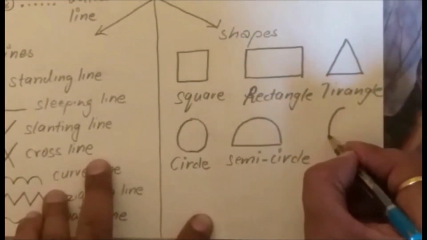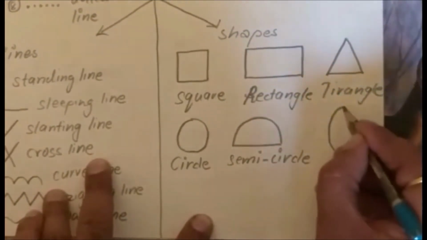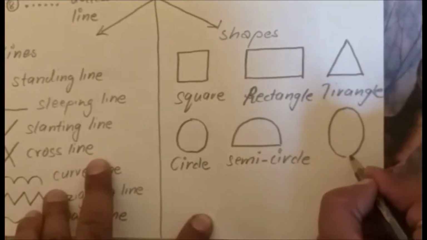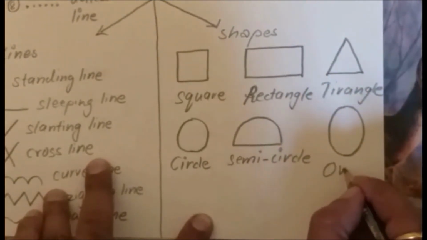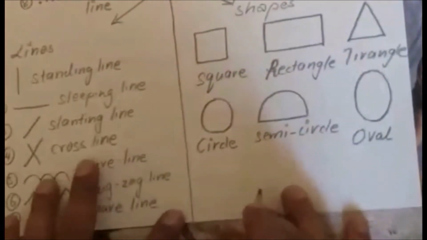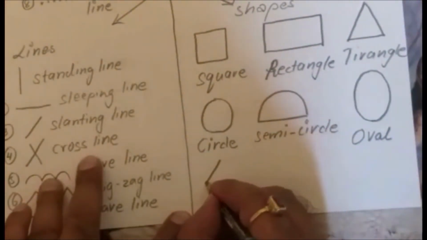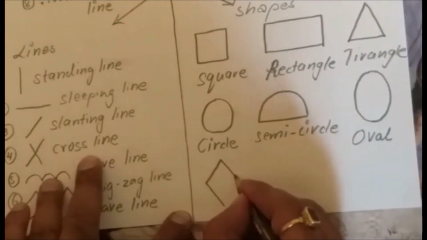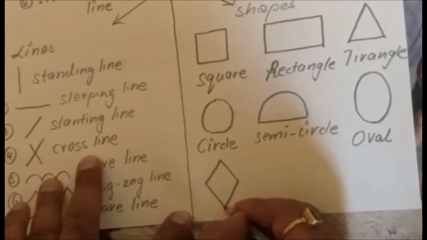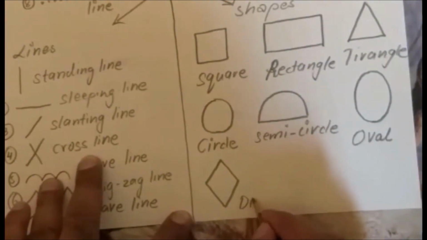One long curve, again one long curve touching from the top point to the end point, that's an oval. One slanting line, one more slanting line towards downside, one slanting line, one more slanting line towards downside, that's a diamond shape.